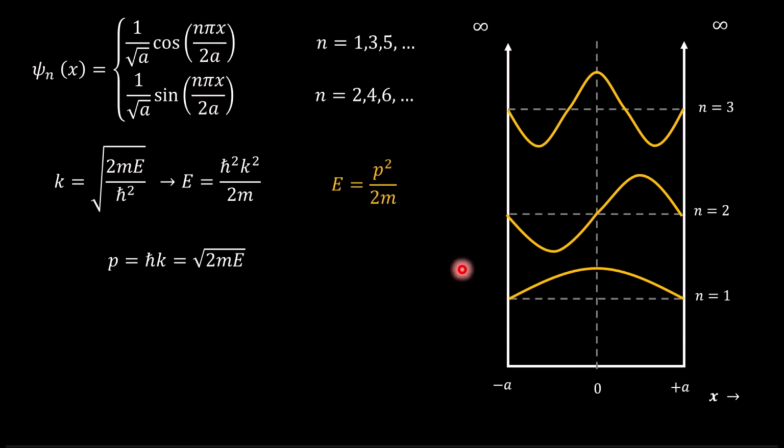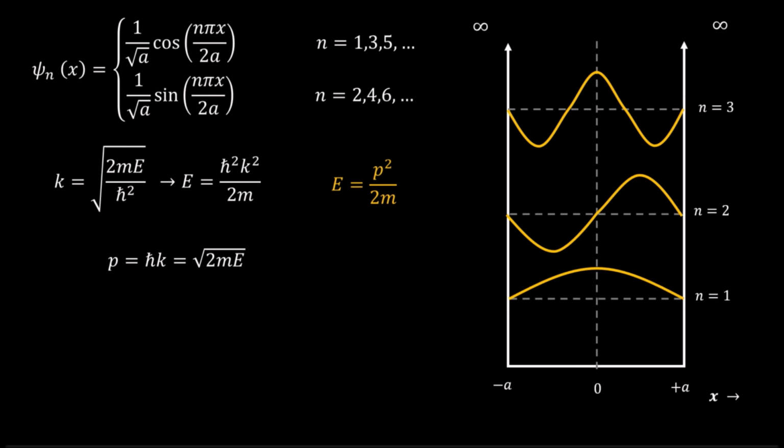The kinetic energy is also given by p²/2m, where p is the linear momentum of the particle. Comparing these two expressions, we can see that ħk is nothing but the linear momentum of the particle.